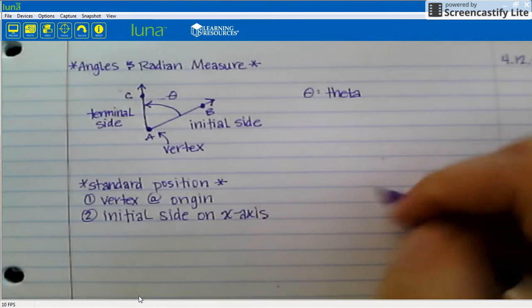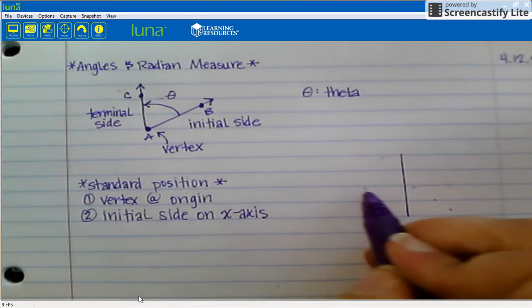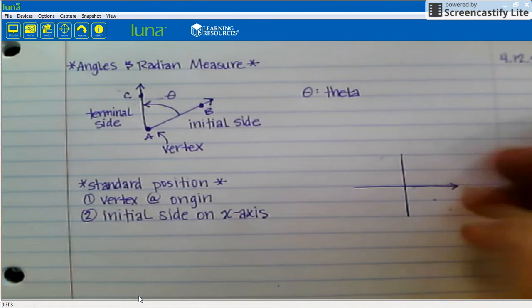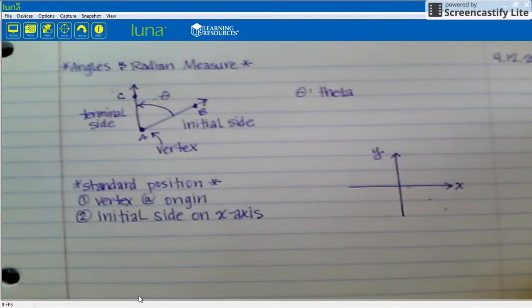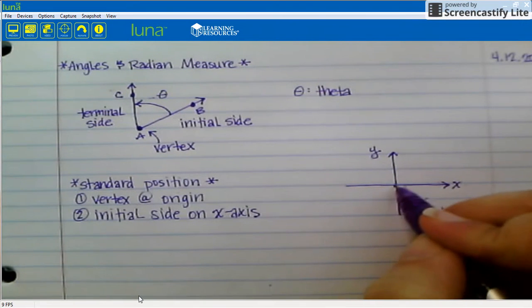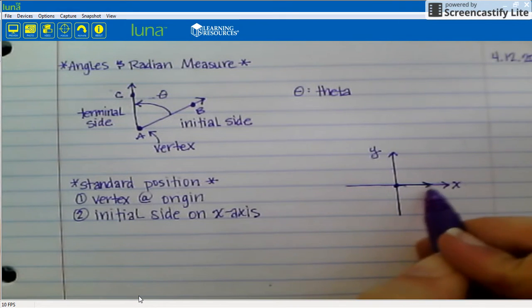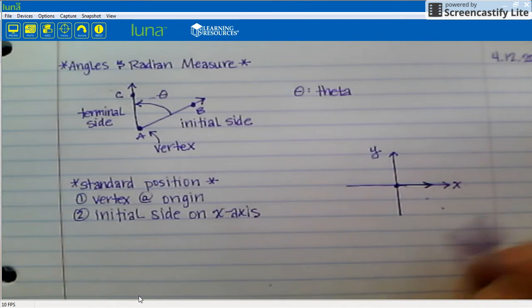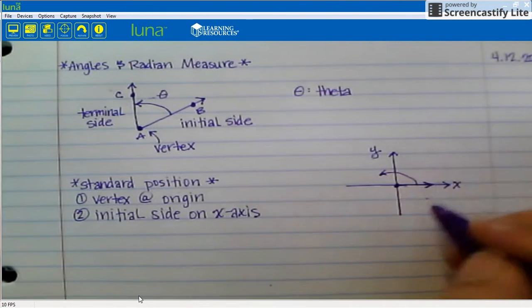So what that looks like if we draw a little mini coordinate plane in here. So here's my x and here's my y. In order to be in standard position, my vertex must be at the origin. My initial side must be on the x-axis, and my terminal side can be anywhere else in the coordinate plane.